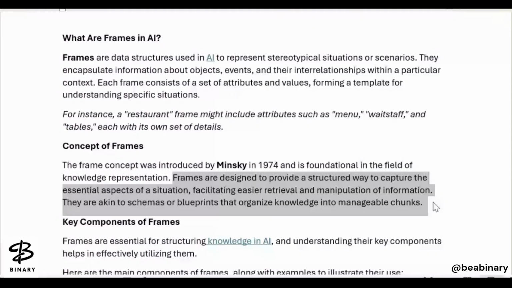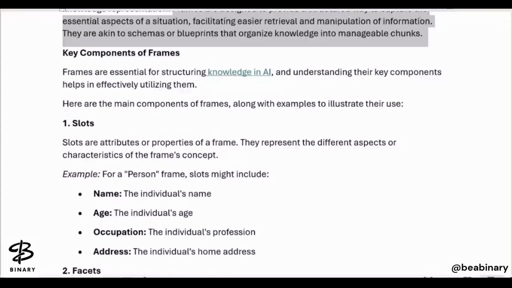Now, what are the key components in frames or frame-based systems? Frames are essential for structuring knowledge in AI. Here we are talking about schemas, the structural representation of data in a particular AI system, and understanding their key components helps in effectively utilizing them. What are the key components here?